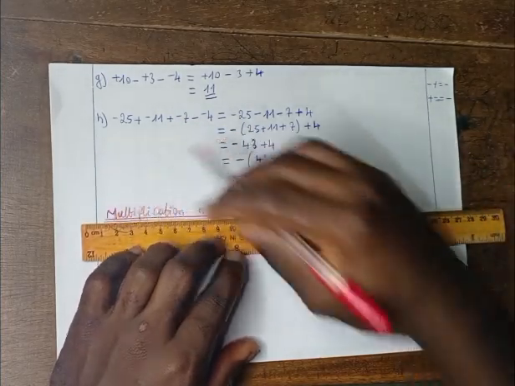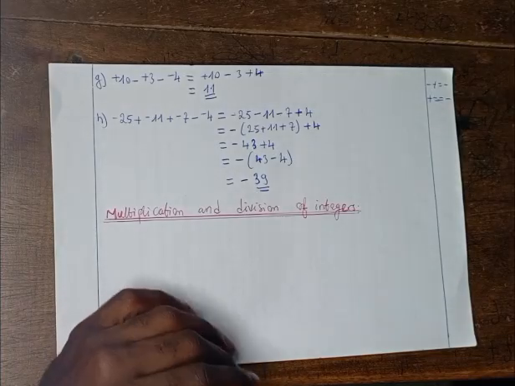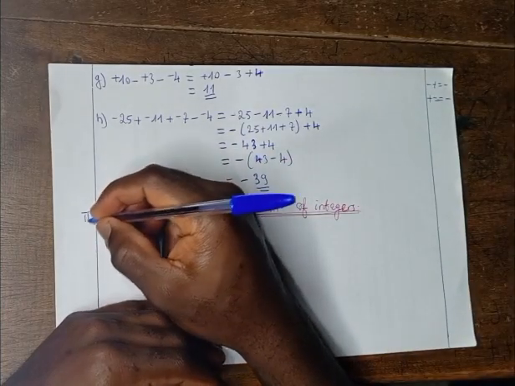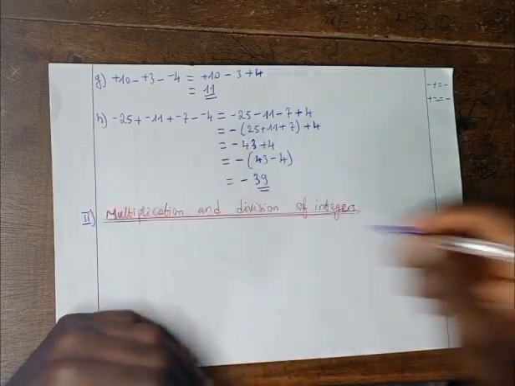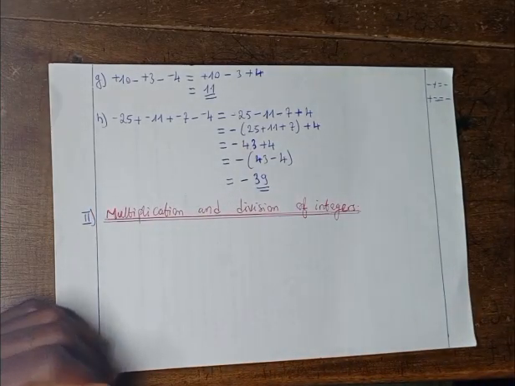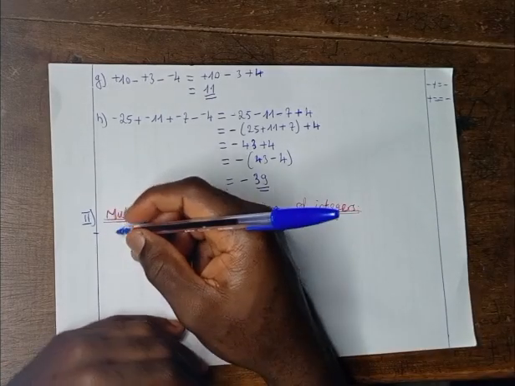So I was addition and subtraction, and now it will simply be multiplication and division of integers.